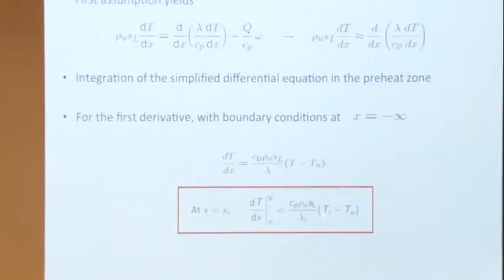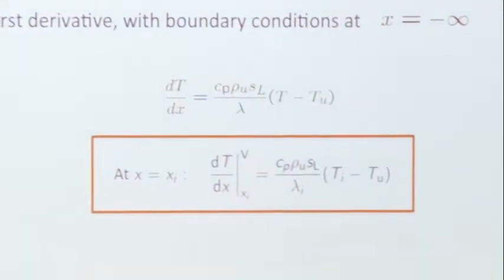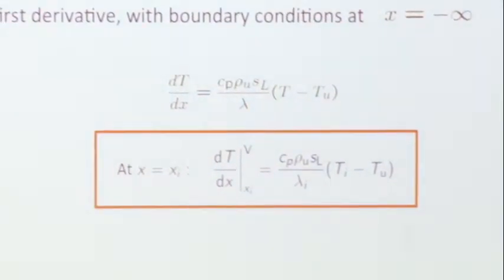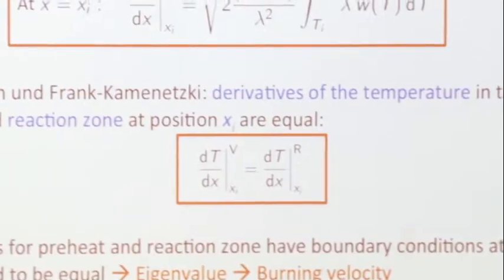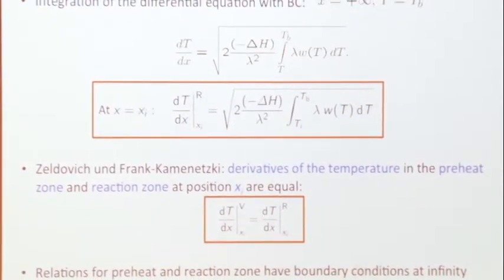At the same time, these are first order equations, so I can specify one boundary condition. This one here needs to satisfy the boundary condition at minus infinity. This one here needs to satisfy the boundary condition at plus infinity. The gradient needs to go to 0 at plus infinity.